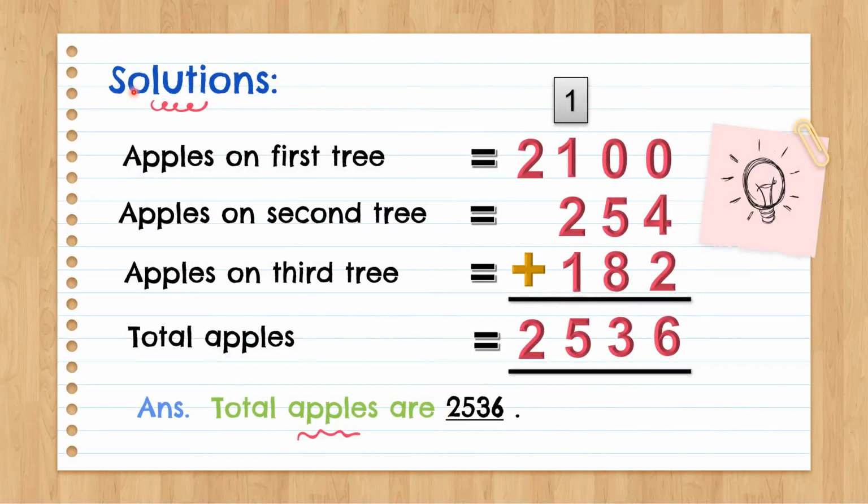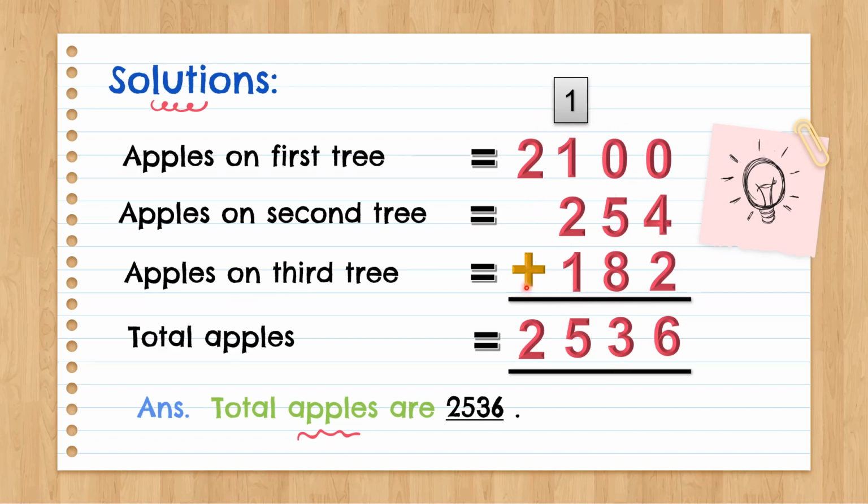Now look at the solution. First, start writing the statement. Write apples on first tree, that is 2100, apples on second tree, that is 254, and apples on third tree, 182. So now we will add, as you have learned already.